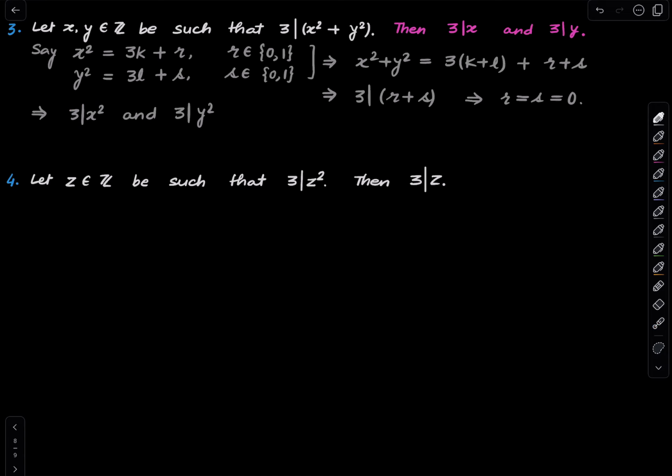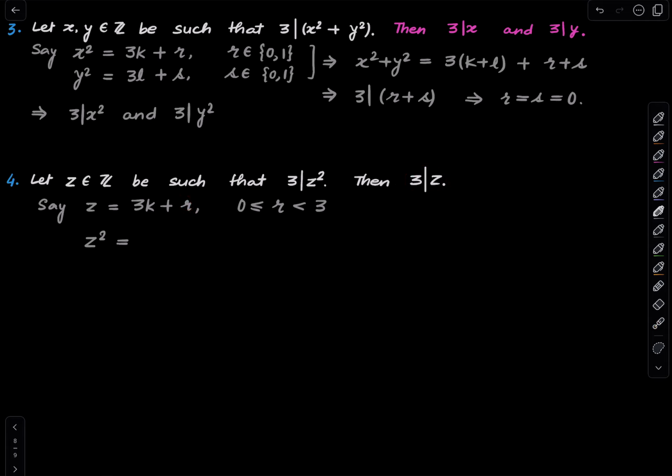So again, why is that? Say z is 3k plus r, with r in this region. We want to show that r is 0, right? We want to show 3 divides z, so we want to show that r is 0. That's what we want to show. But we are given that z squared is divisible by 3.